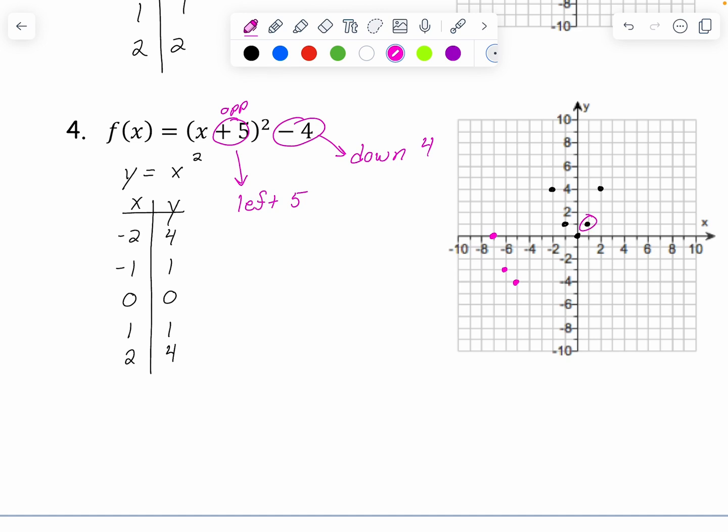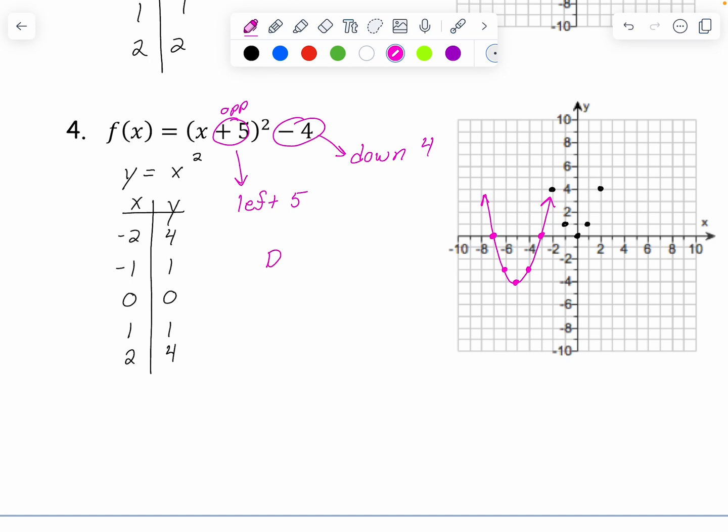Then we'll take this next point and we count left 5, down 4. And then our last one, we count left 1, 2, 3, 4, 5, down 1, 2, 3, 4. And so we have that same pattern of points, it's just kind of scooted diagonally down. And then remember, a quadratic should be rounded on the bottom, so we do the best we can to make that rounded. And there's our new function.